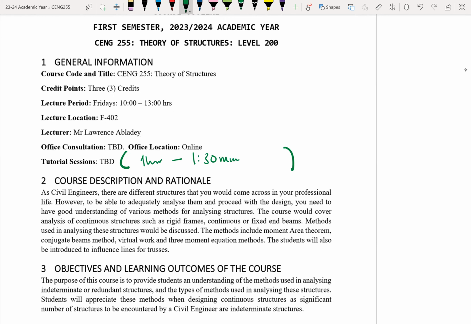I think this should suffice. If there's a need to go beyond that, the maximum we can ever do will be 2 hours. That would again have to be discussed and agreed on by your class rep and the TAs.